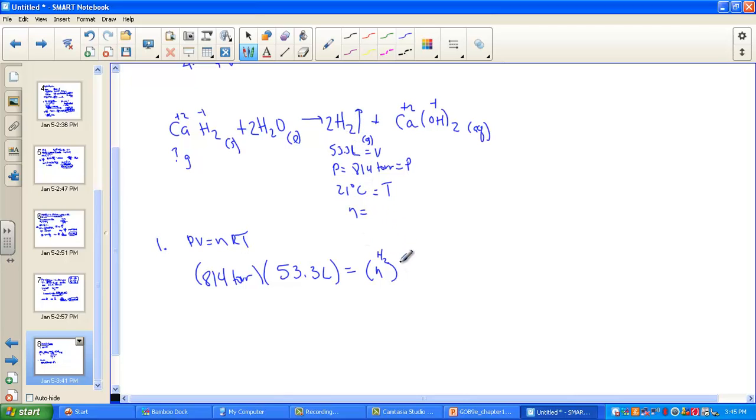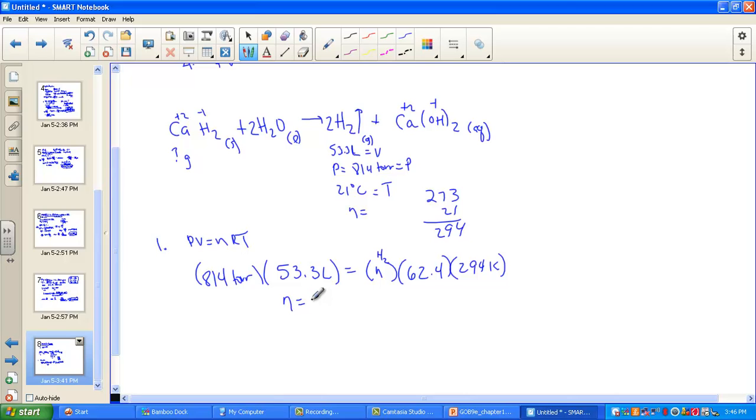Gases have volume, pressure, and temperature. R to match the gas constant 62.4, and the Kelvin temperature 294 Kelvin units. Let's find n, where n represents the number of moles of hydrogen.